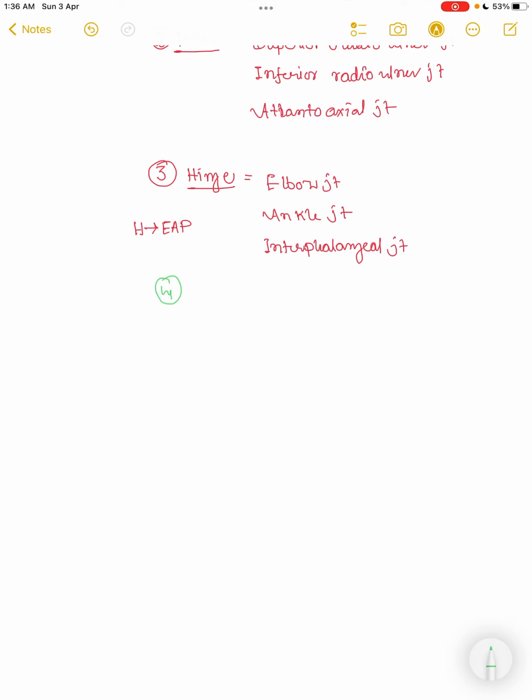Fourth is the condylar joint, and here the mnemonic is CKT. K for knee joint, T for temporomandibular joint. Okay.